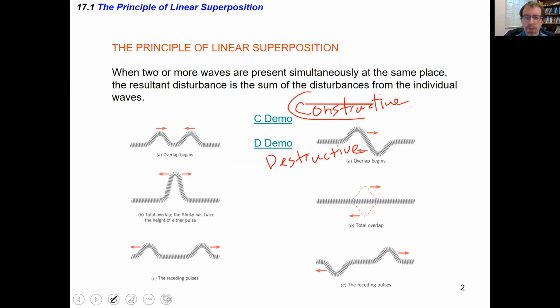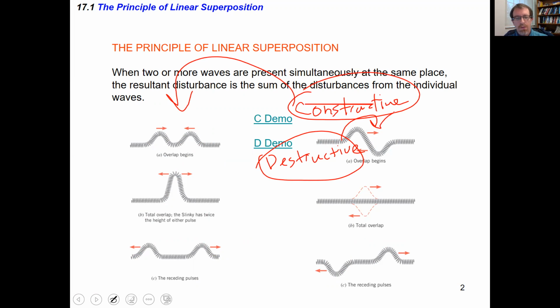And if I were going to label these two things, the left-hand side of the screen is an example of constructive interference. The right-hand side of the screen is an example of destructive interference. And I'll post links to those videos in the comments on this video.